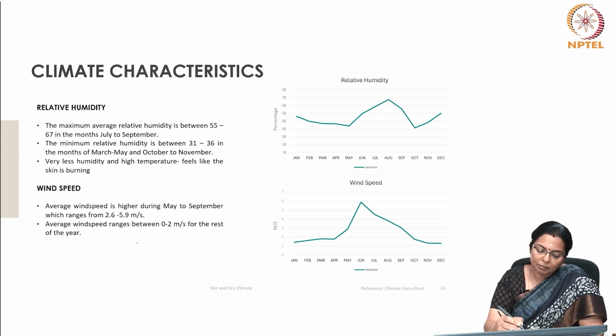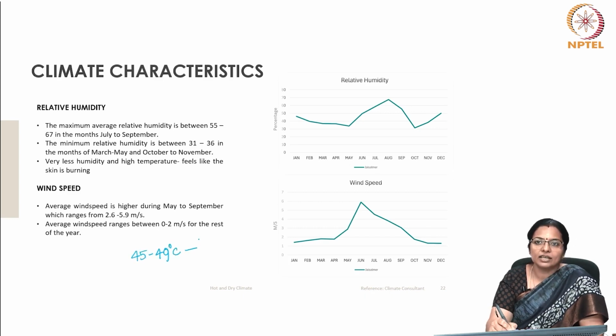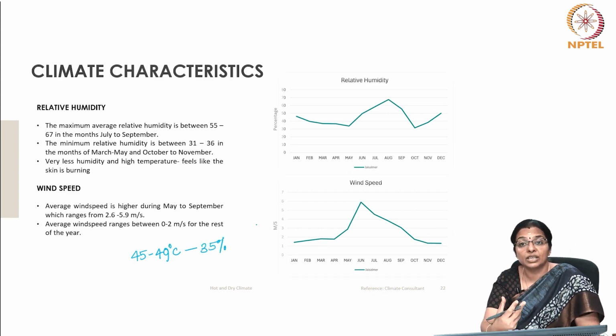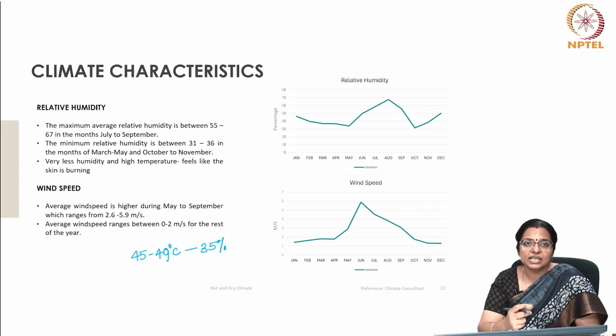So, when the temperatures reach 45 to 49 degrees centigrade, the relative humidity is about 35%. So, you can imagine the amount of dryness one can feel. Very little humidity and high temperature feels like the skin is burning.